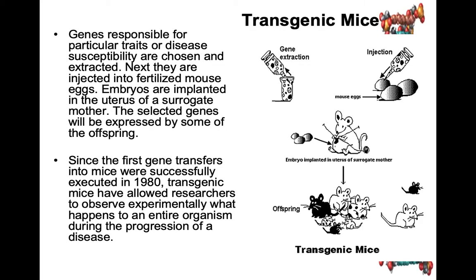Afterwards, embryos that are formed containing that exogenous gene will be implanted in the uterus of a surrogate mother. Okay, the offspring, the produced organism, may or may not express the selected gene, and essentially, with that, we can do tracing of diseases, especially genetic diseases.